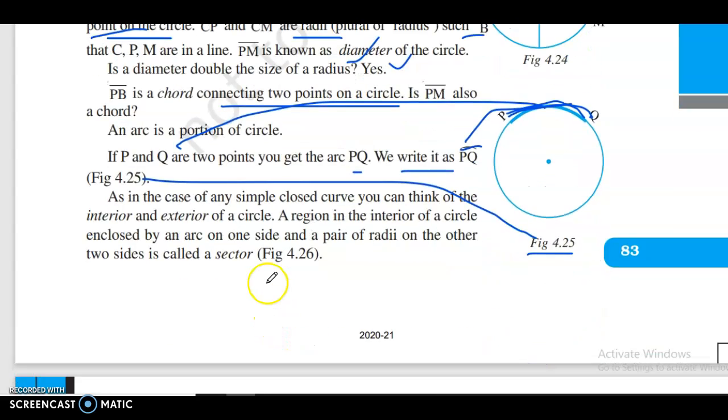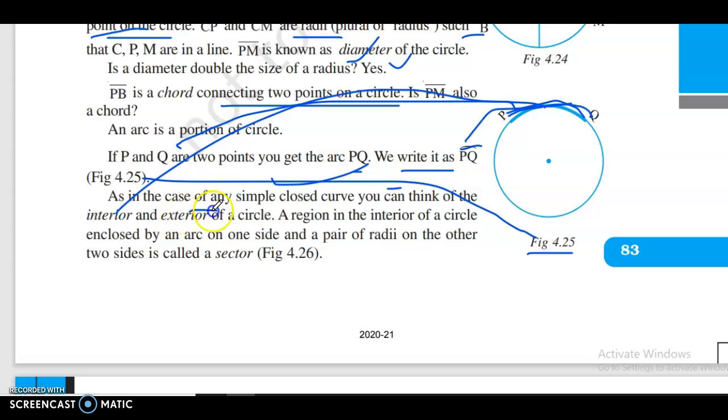As in the case of any simple closed curve, you can think of the interior and the exterior of the circle.